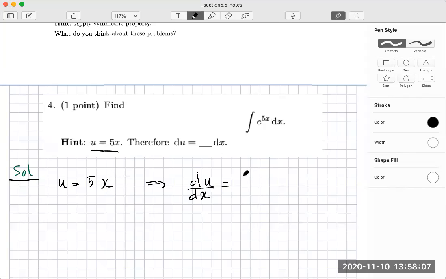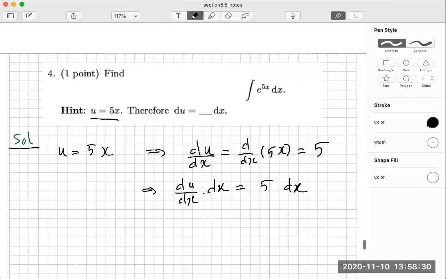The right-hand side will be d over dx of 5x, which is 5. Therefore, imagine that you multiply both sides by dx. Then imagine that you can cancel it. Or in short, we say that du is 5 times dx. Okay?